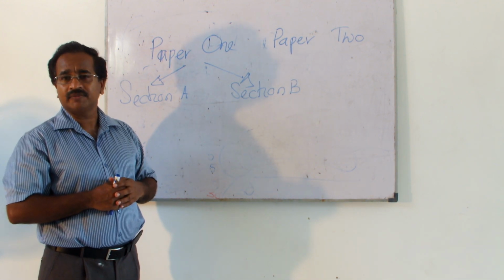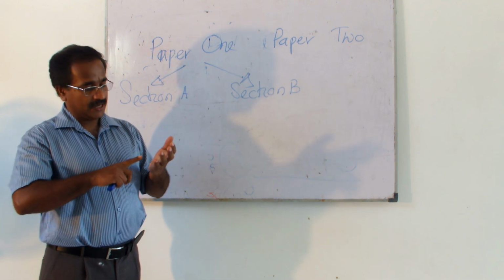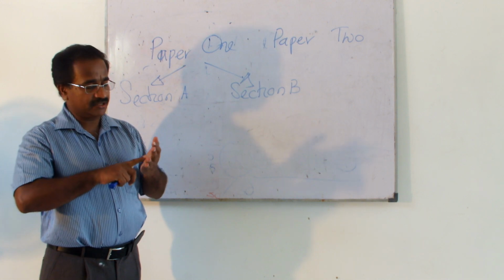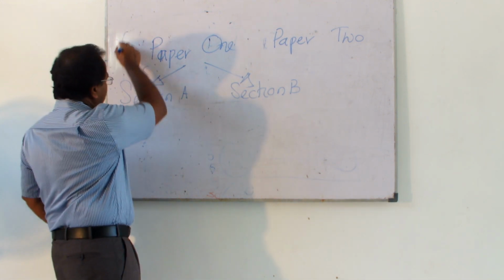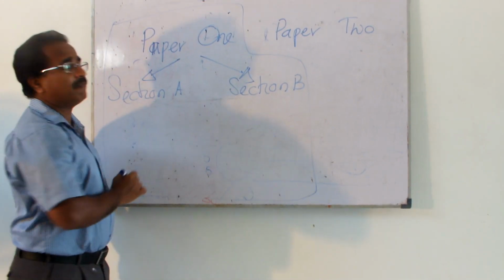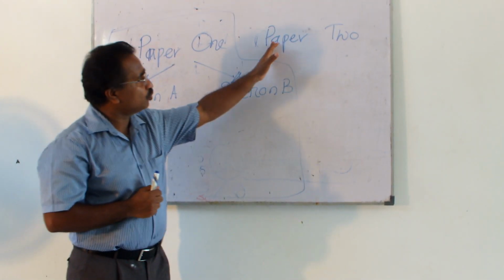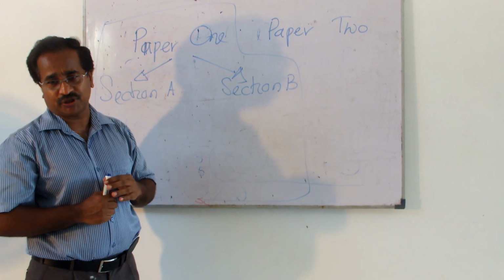They come from novels. Paper 2 has questions from poetry, drama, prose, fiction. We generally call paper 1 as the paper which contains context questions. Paper 2 as the paper which contains essay type questions.